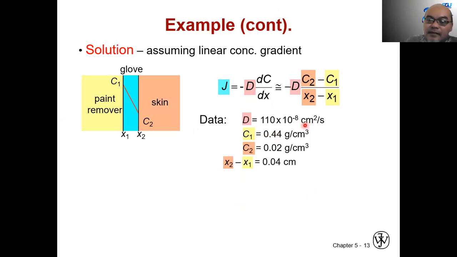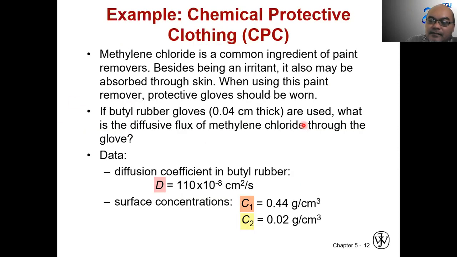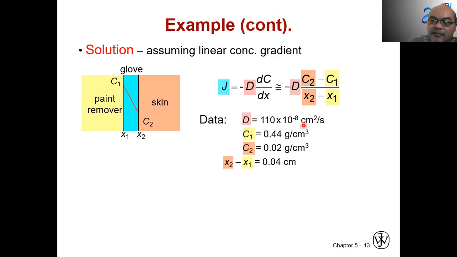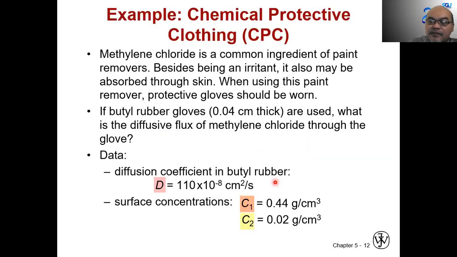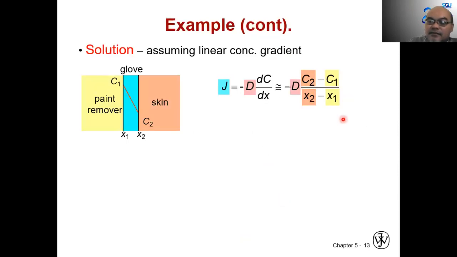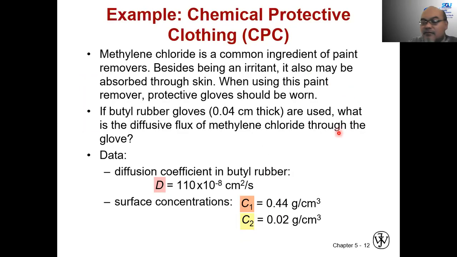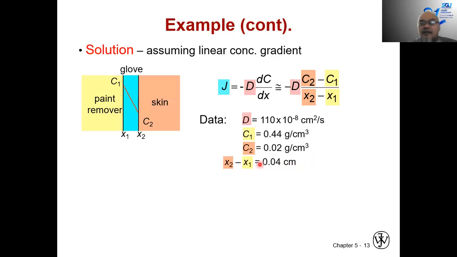Okay, D is given, 110 times 10 to the power of minus 8. C1 is given as 0.44 gram per cubic centimeter. C2 is also given, 0.02 gram per cubic centimeter. The difference in position is the thickness of the glove, which is 0.04 centimeter.